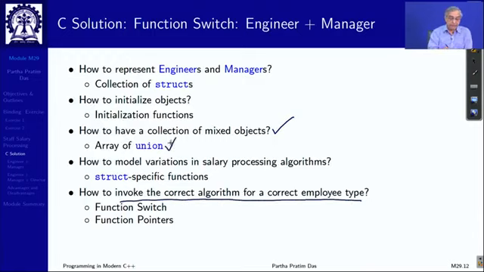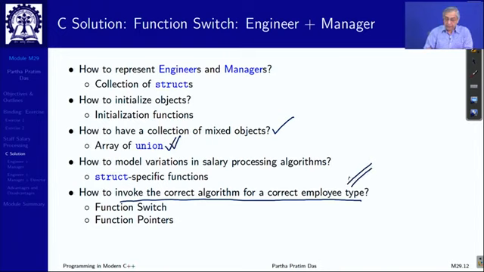Here I have the collection of all the employees, all the staff, but for each I have a different processing algorithm. So, for processing the salary of all employees, I have to pick up every employee from this array, check what the type is, whether that employee is an engineer or a manager, and accordingly call the respective processing function.